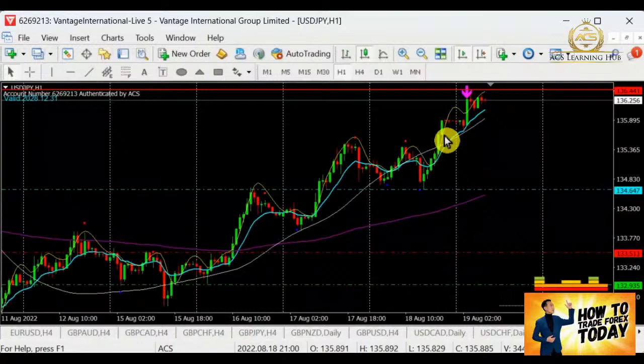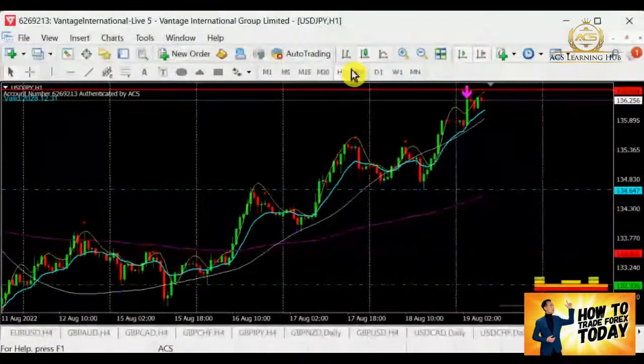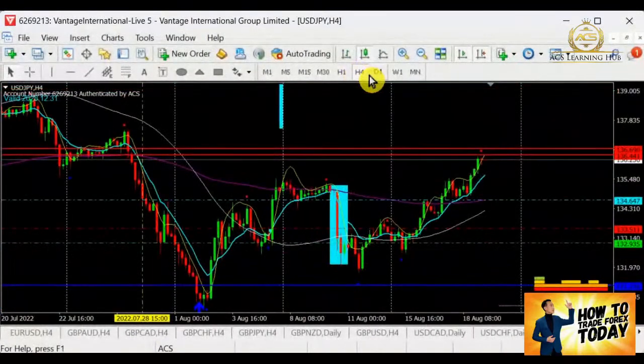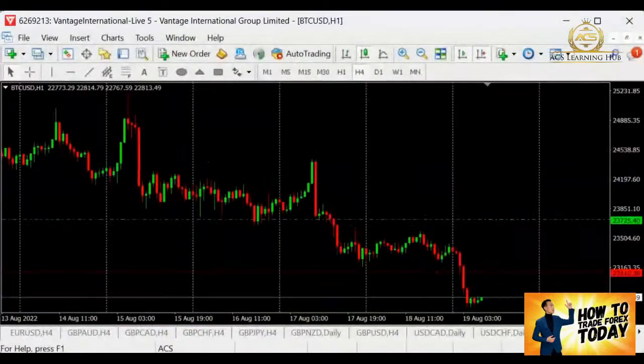Today we are still looking out for buying, still possible, but there may be a small drop because we are very near to the resistance now, into the resistance area. Dollar yen may slip off a bit, then continue to go. That's for dollar yen.